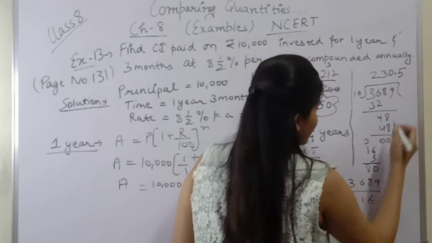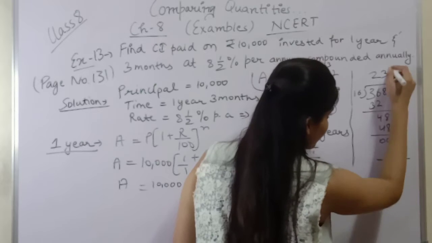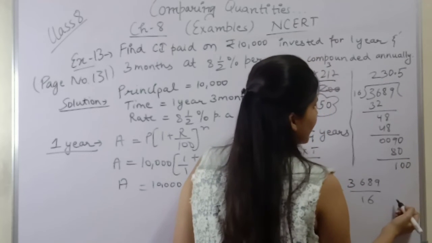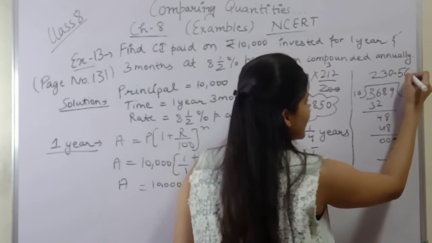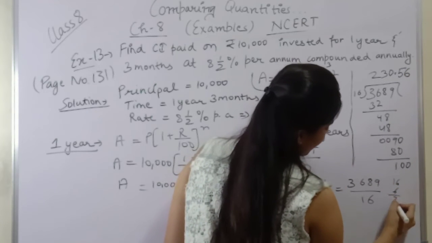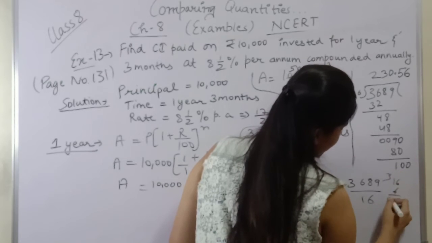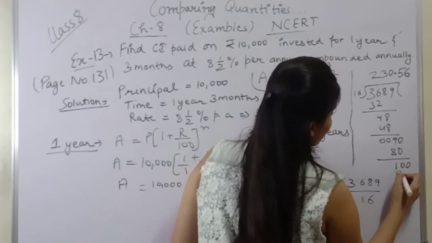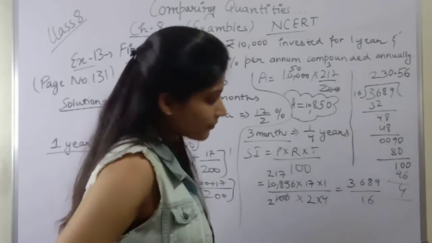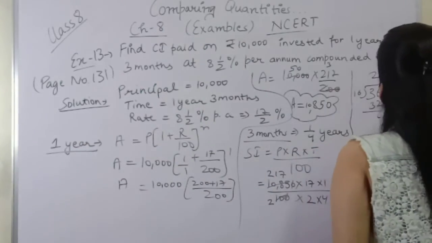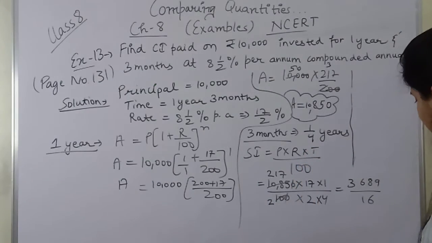So yes, 16 5s are 80. So we have 10. पॉइंट लगा ही हुआ है, एक और जीरो लगा लिया. Now we have 16 6s are 96. ठीक है. तो अब चाहे कुछ भी बचे, हमारे पास आंसर आ गया 230.56. This is the interest.